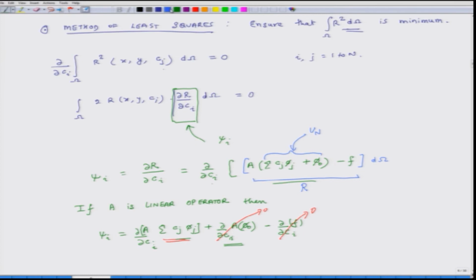The next thing you should look at is that in this term it will be basically del over del Ci of A of, let us say, C1 phi1 plus C2 phi2 and so on, till Cn phi n.